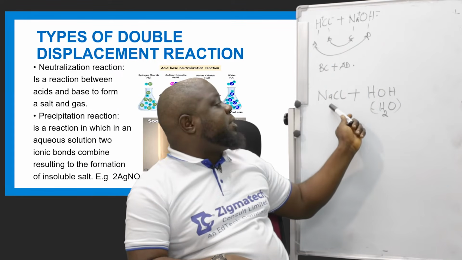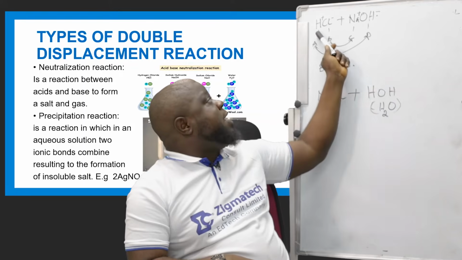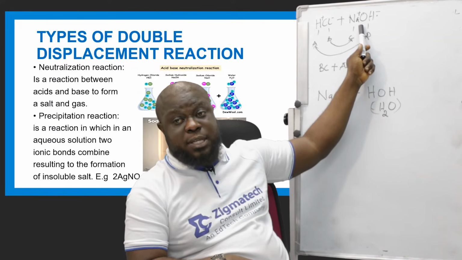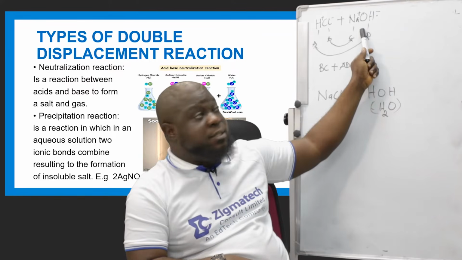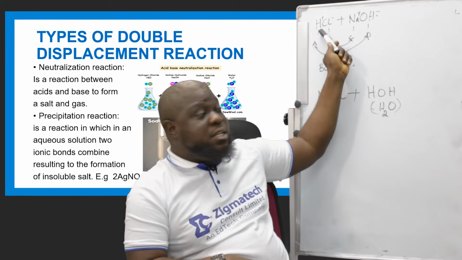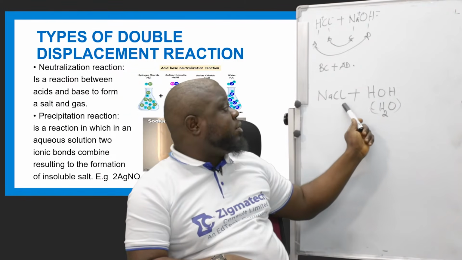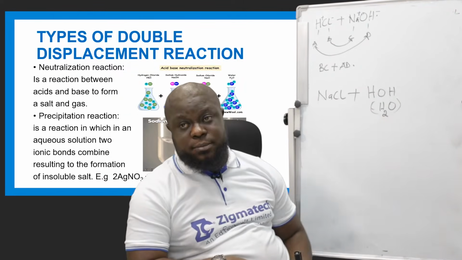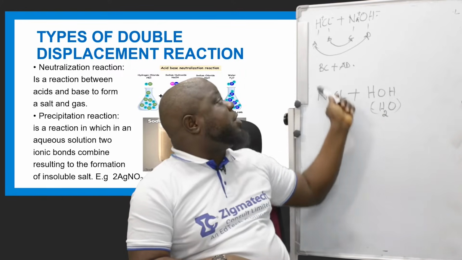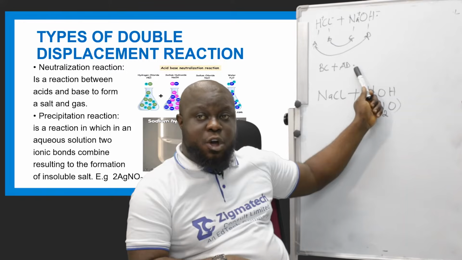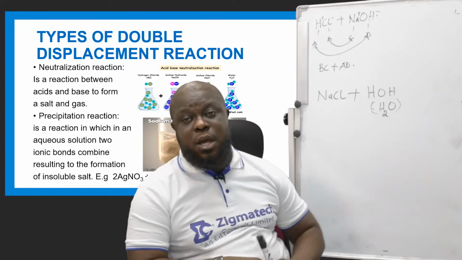Okay, they gave us salt and water. The hydrochloric acid reacted with sodium hydroxide. Sodium hydroxide is a base, and hydrochloric acid is an acid. It gave us salt, which is sodium chloride as a common salt, and water. And this particular reaction is called neutralization reaction, and it's still called double displacement reaction.